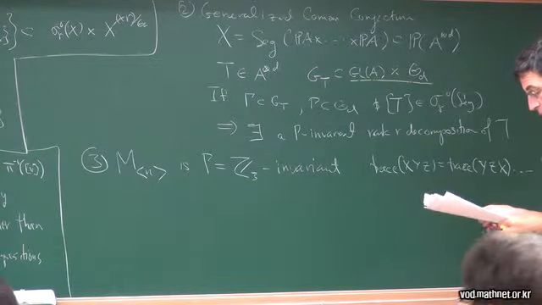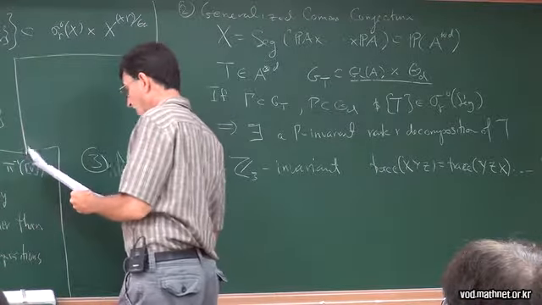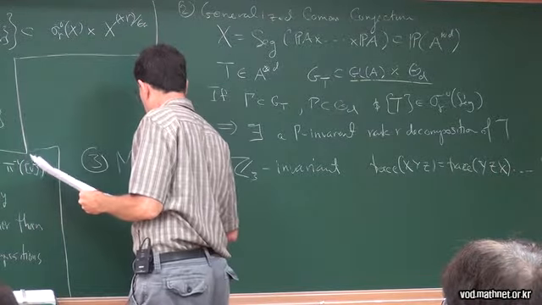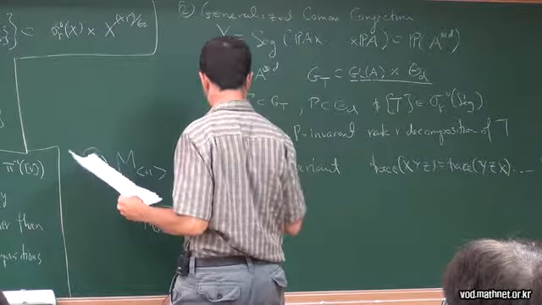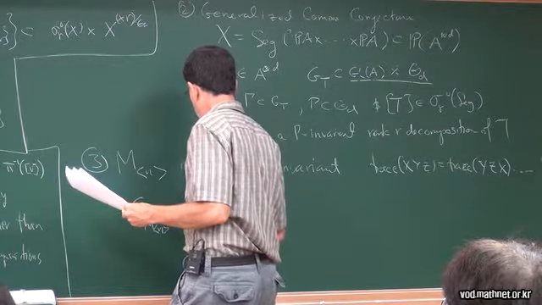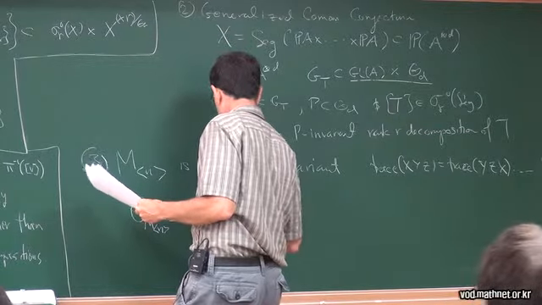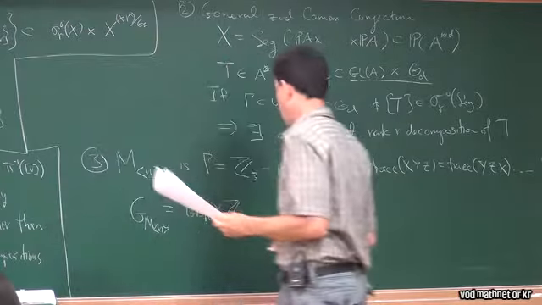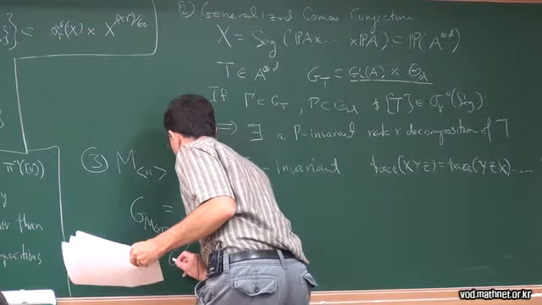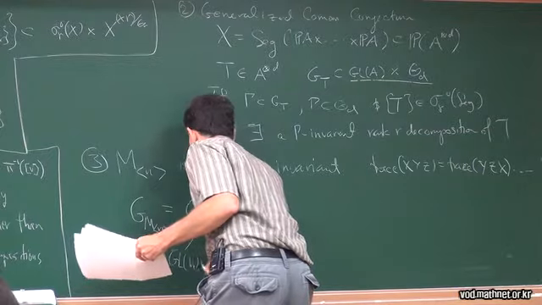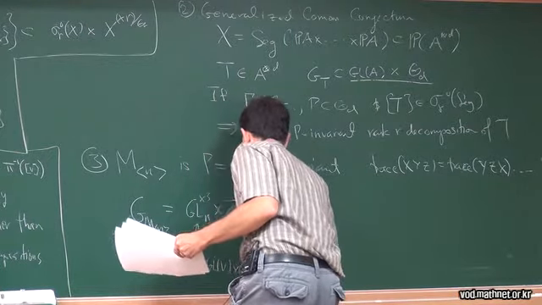Right. So where was I? Yes. So we have this G_T, in this case let me write it as GL_n, three copies, cross this Z3. So before I would write this as GL(U) cross GL(V) cross GL(W).